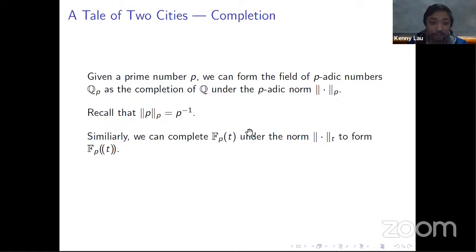Similarly, given the function field F_p(t), we can use the t-adic norm to form the Laurent series, where we just complete this field under this norm. Here I've chosen to set the norm of t to be p inverse as well, where the p comes from here. This is one thing that the two worlds have in common.